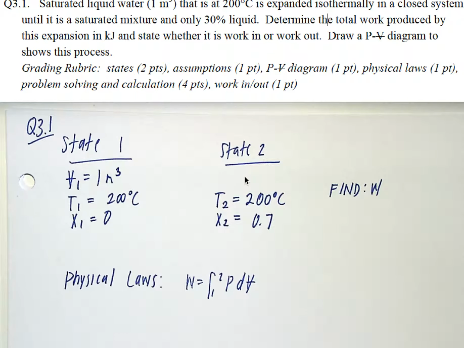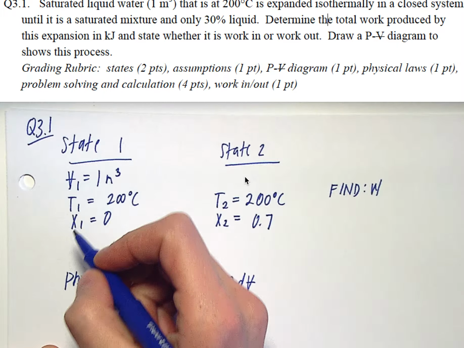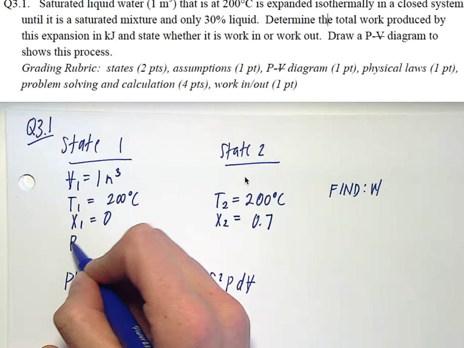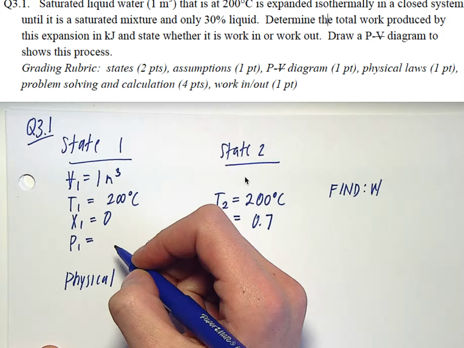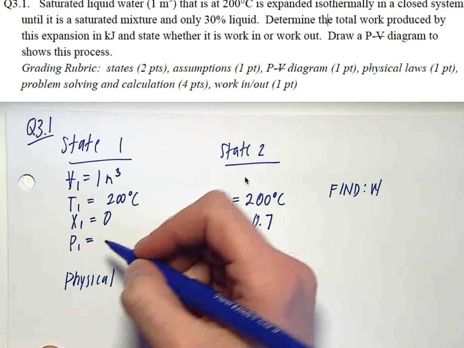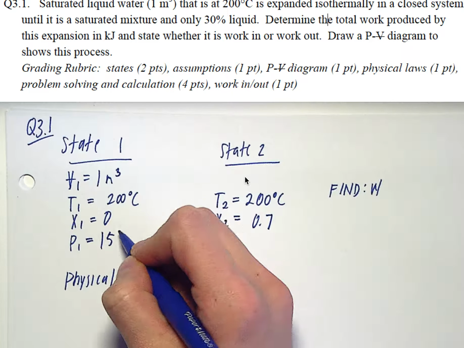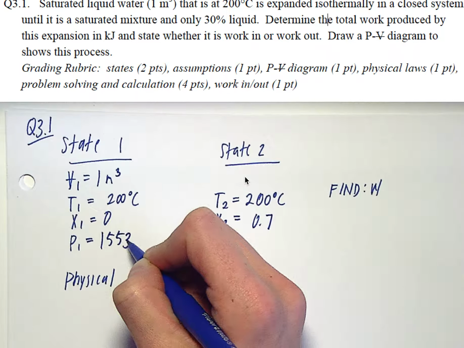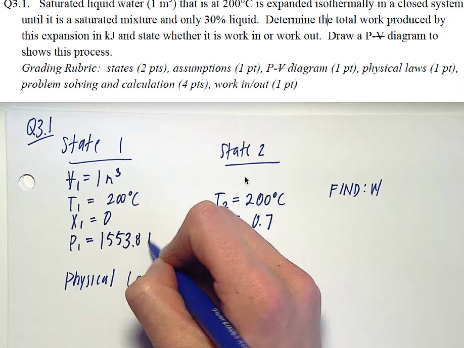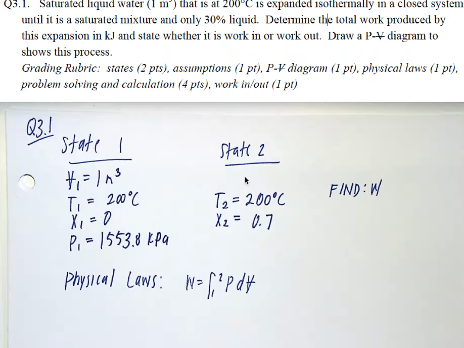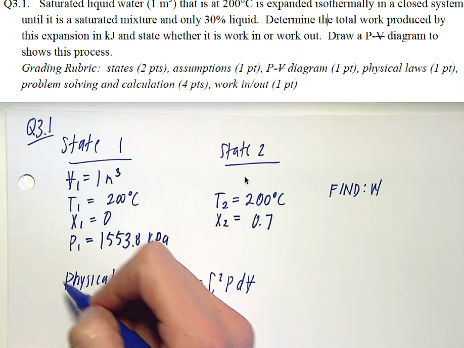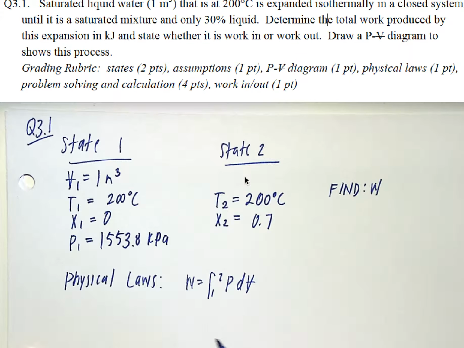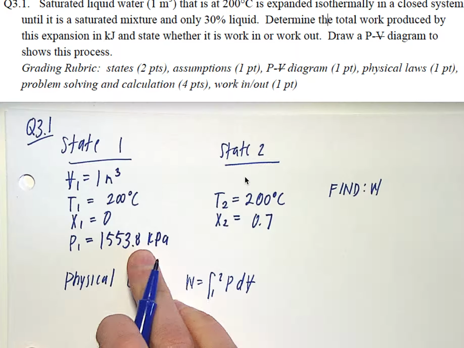But what we know right now is that because it's a saturated liquid with a quality of 0, then its pressure is going to be saturation pressure at 200 degrees C. So the table said 1553.8 kilopascals. All right, so that's the pressure.